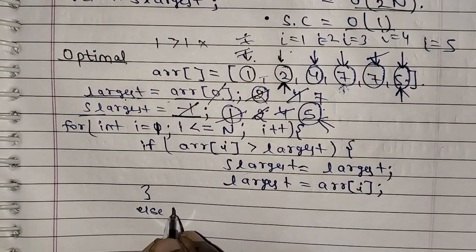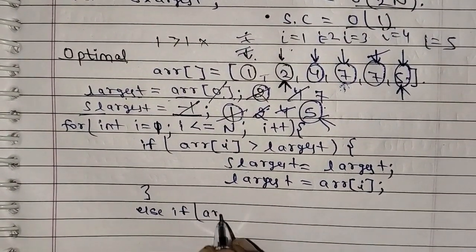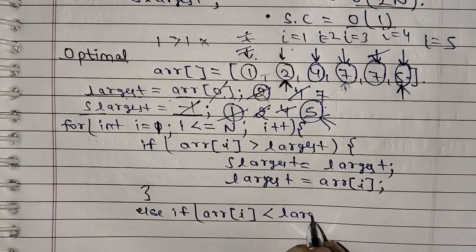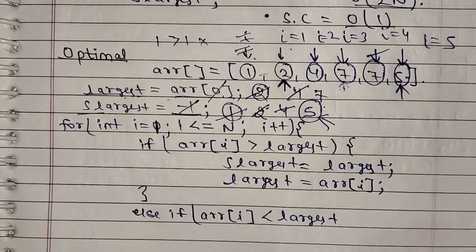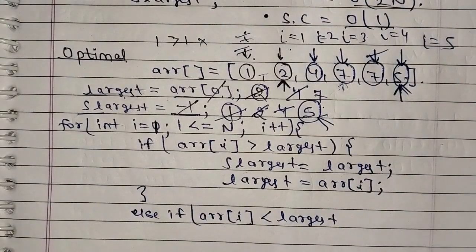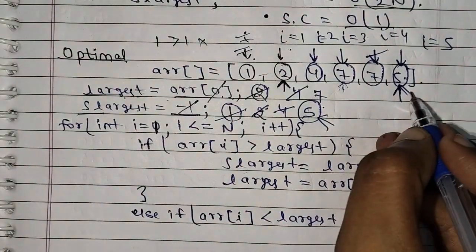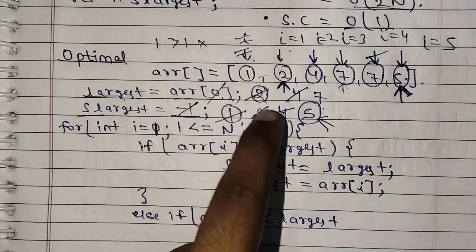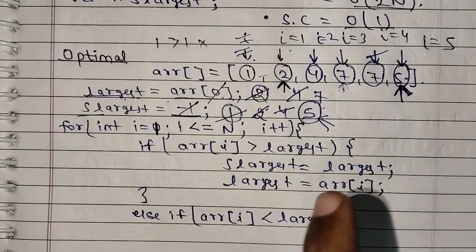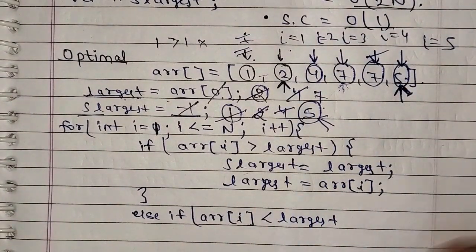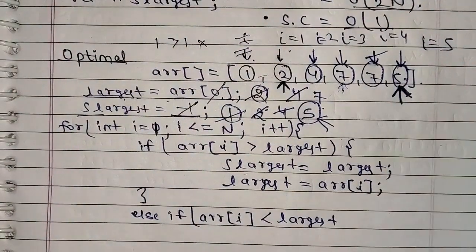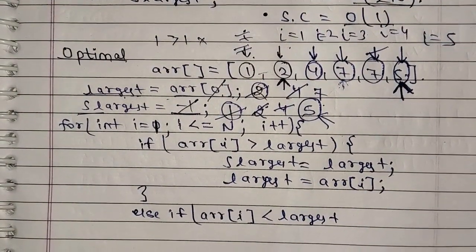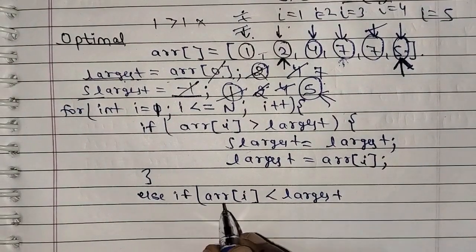Else if ARR of I is lesser than largest. Now we are talking about 5: what if the second largest element is 5? So we have an else if condition.